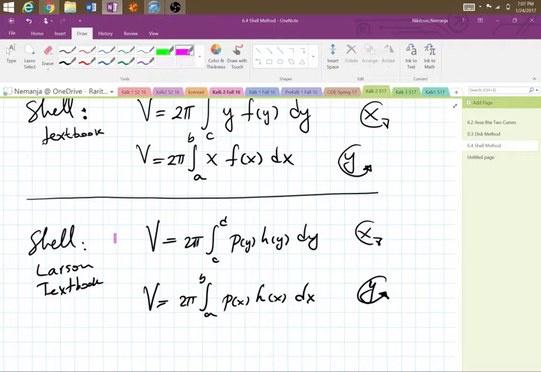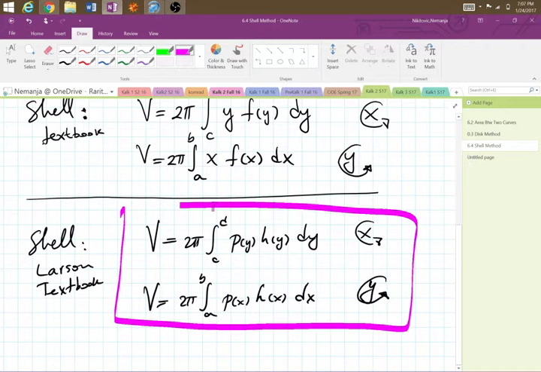So these are the formulas that we get to use to figure things out. Now, what is the meaning of these p and h? p stands for position, h stands for height, and you just look at the picture and it's an immediate answer.